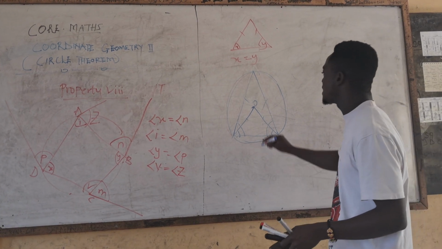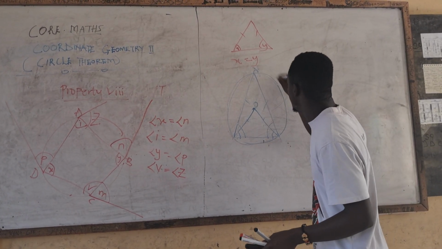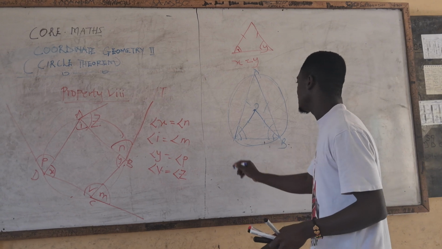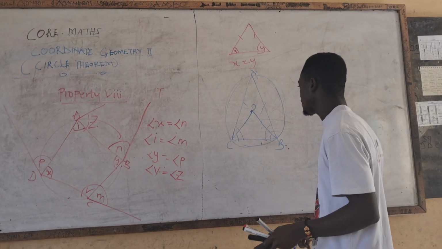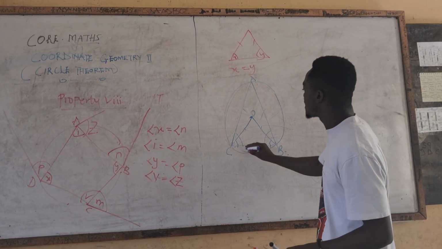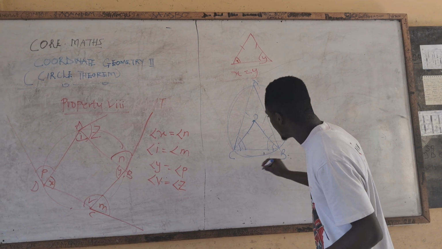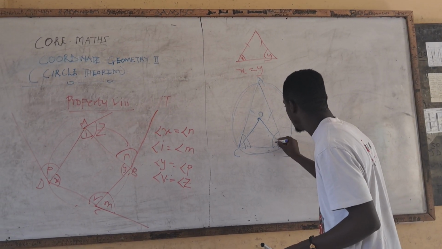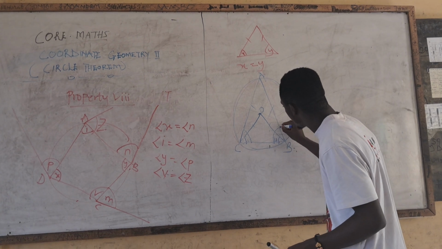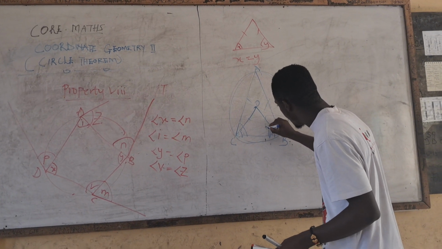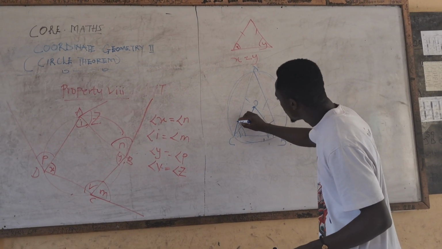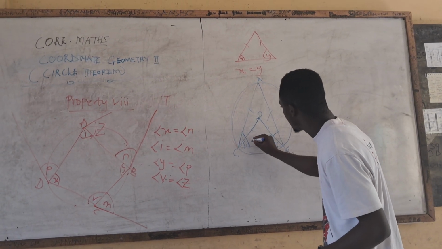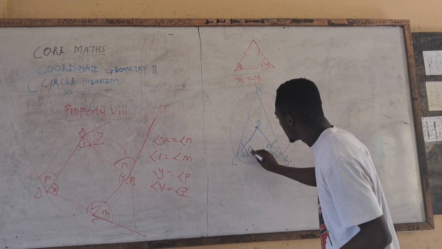So we can therefore say, let's label A, B, then here C. If here is, let's say, I, and this side is, let's say, U, and the whole of this is M, and the whole of this is, let's say, N.